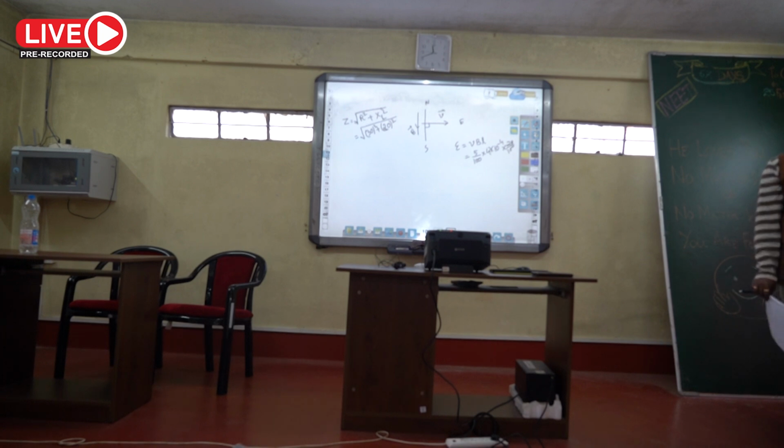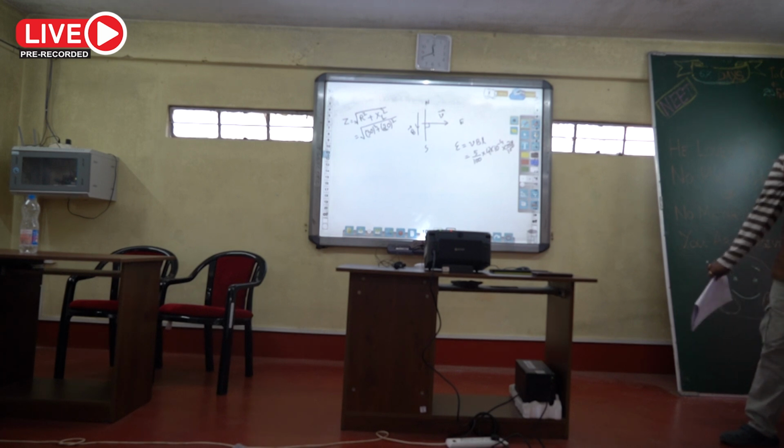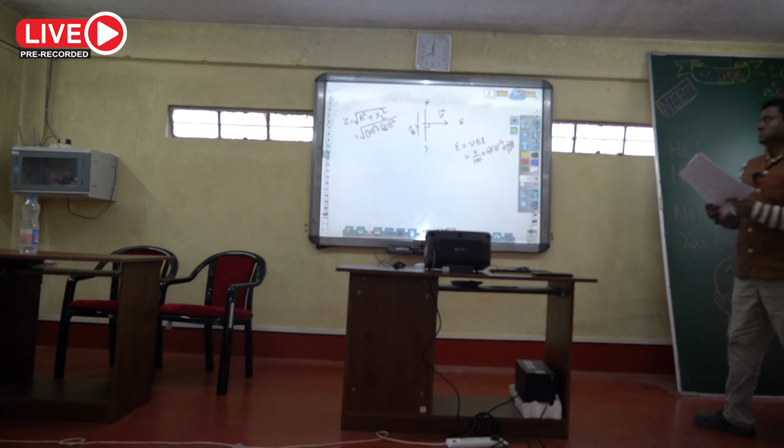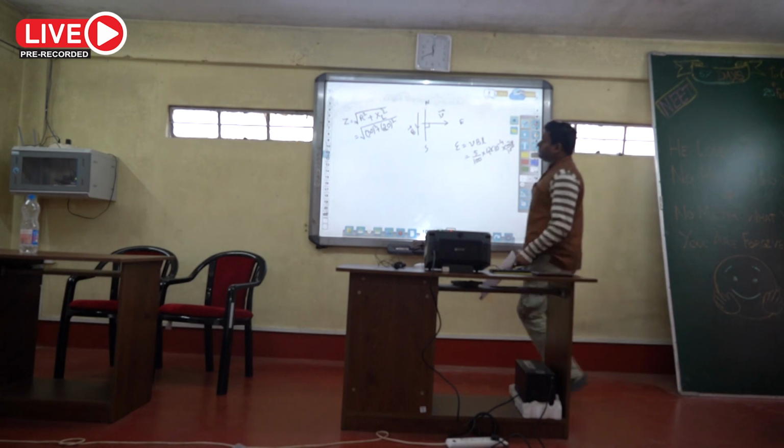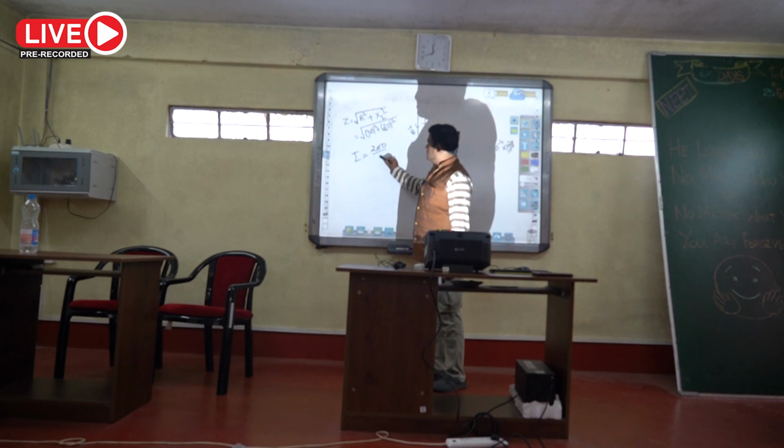So no need to introduce frequency in the calculation because XL is already given in ohm. Then after that, for finding the current, 200 by Z.